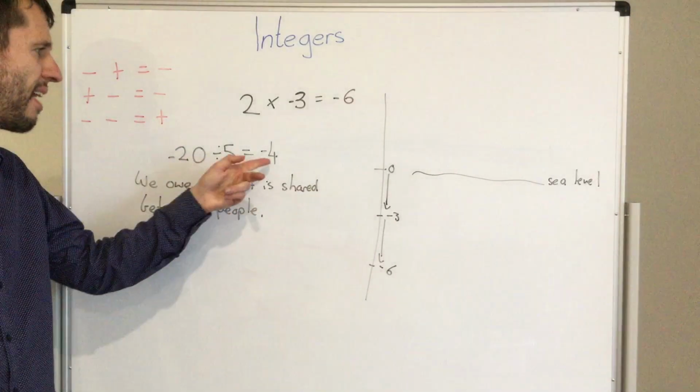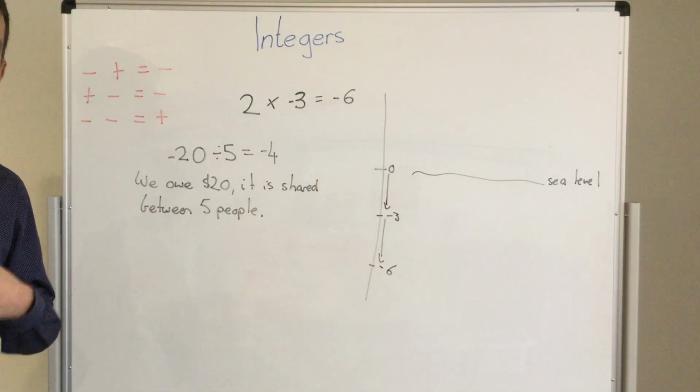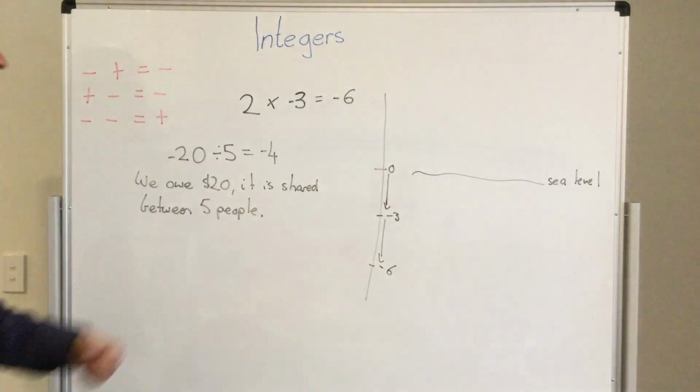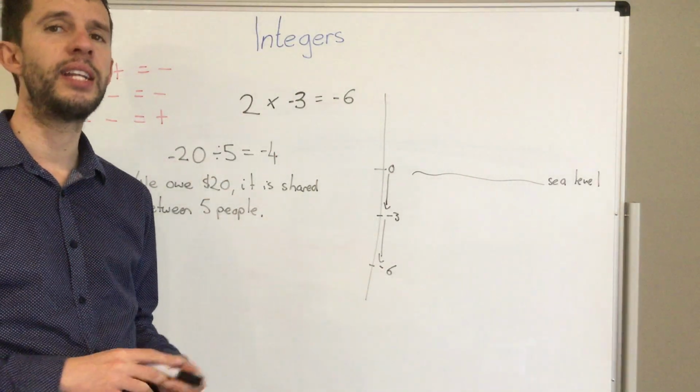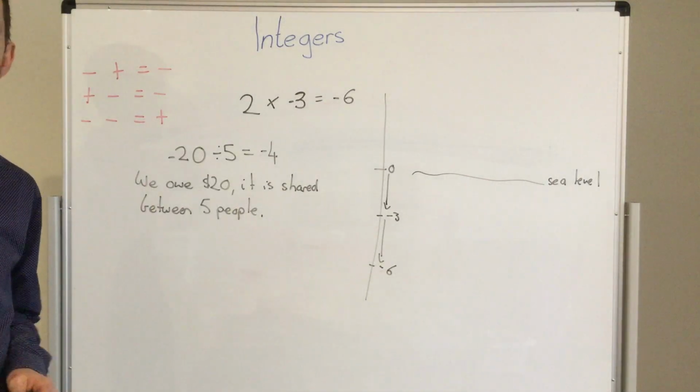So each person is now in debt $4. So they are losing $4. So that's why it's got a negative sign there. It's negative 4. Negative $4 that they are losing.